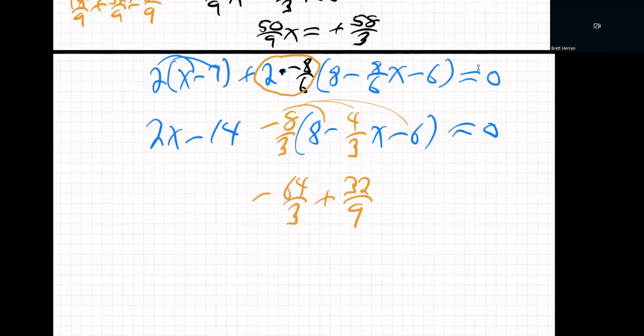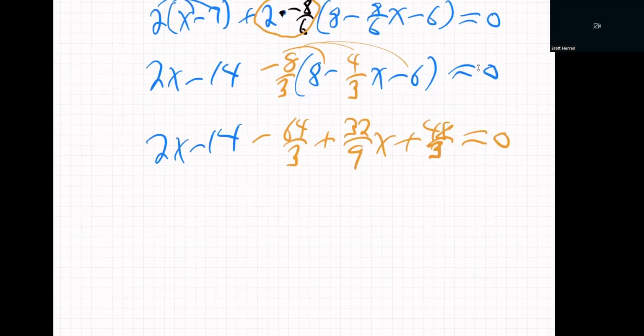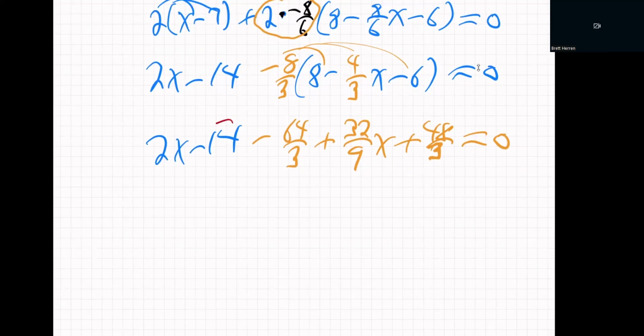32 ninths x. And then 6 plus 48 thirds equals 0. And down to 2, so minus 14. Now, as far as these, I would just go on the calculator.